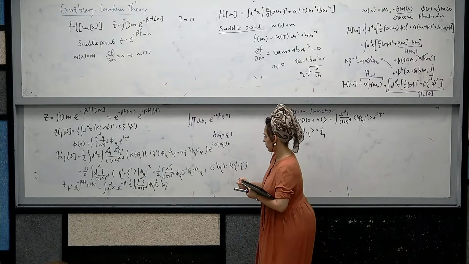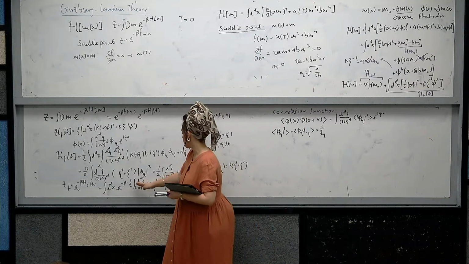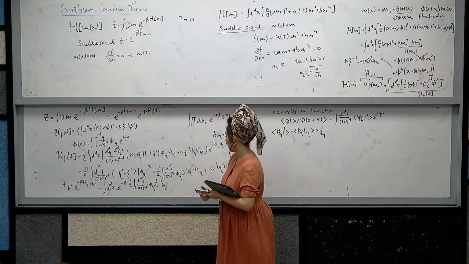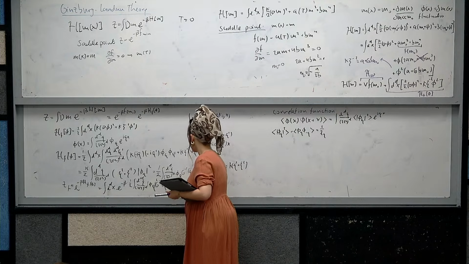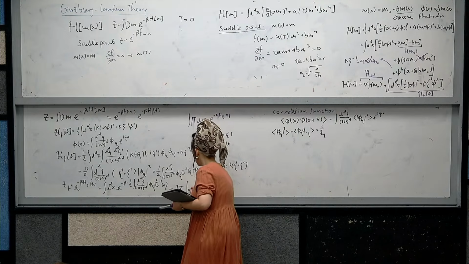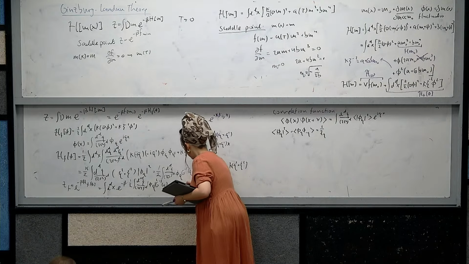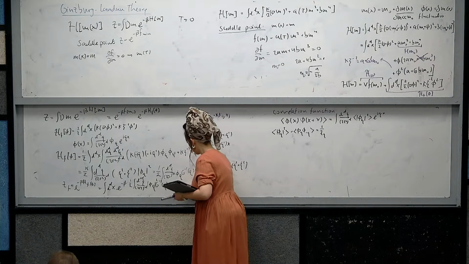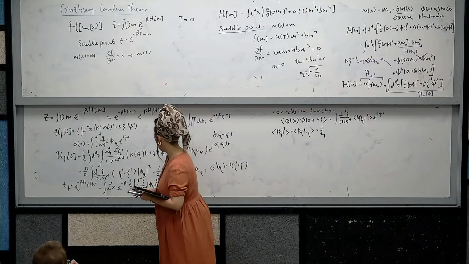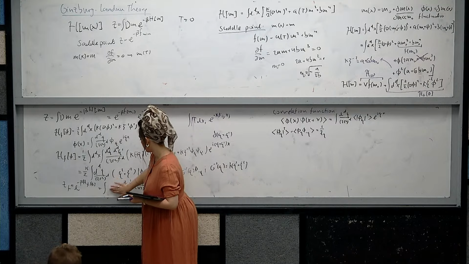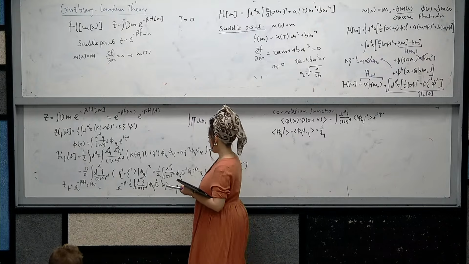Okay, so if you can see it, then it's basically diagonalized. So we can just write it as a product of integrals. Wait, sorry. It's not with this integral, right? I think I made a mistake. Oh, it is.